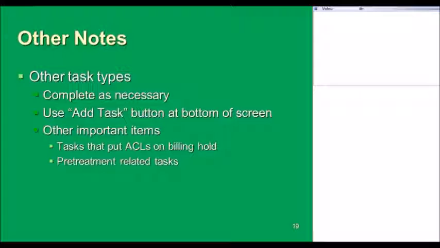Some other examples of important items are tasks that put ACLs on billing hold, and so those are the bankruptcy tasks that refer to AG for collection. Those will then allow DAS to know that these items should be put on hold. And then also pre-treatment related tasks are important to record here, so that you're tracking that information and conveying it to the NPDES program manager.